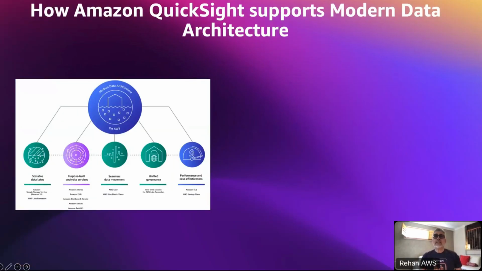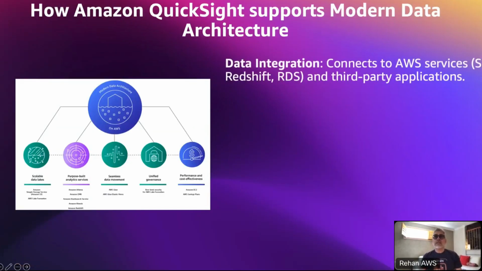All right, so now we know what QuickSight is, and we also had a look at the modern data architecture. What we're going to see now is how Amazon QuickSight supports modern data architecture. First and foremost is data integration. QuickSight can seamlessly connect to a wide variety of data sources, as we've said, including native AWS services such as S3, Redshift, and RDS.